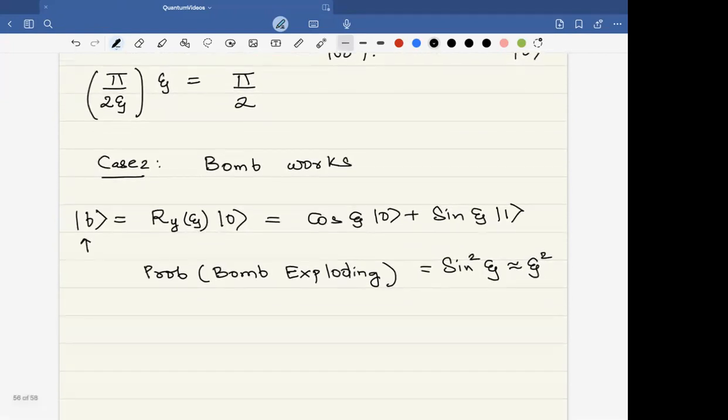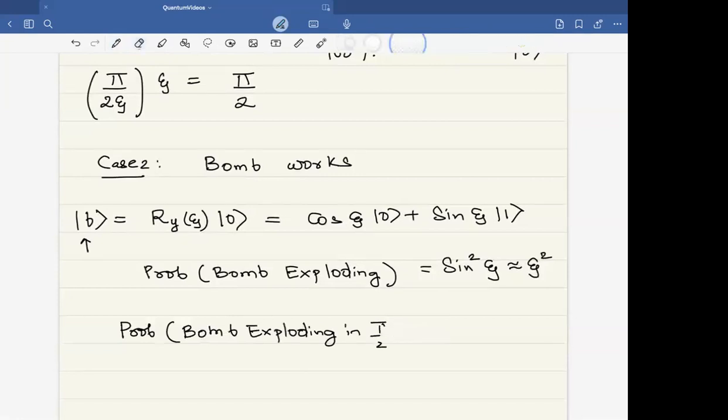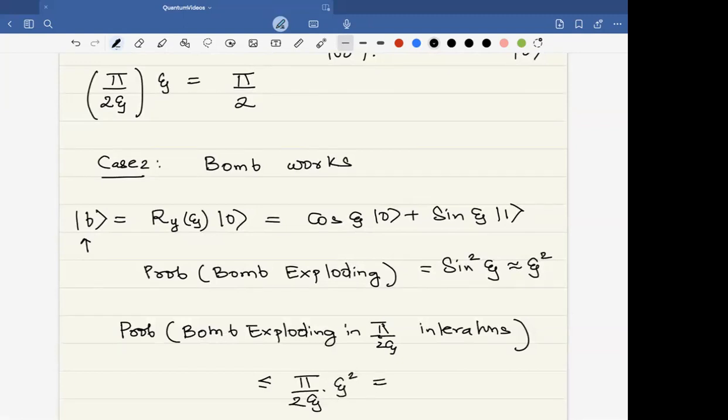In the next iteration, the probability of the bomb exploding is again epsilon square. So in, let's say, pi over 2 epsilon iterations, by the union bound the probability of the bomb exploding will be less than or equal to pi over 2 epsilon times epsilon square, which is equal to pi over 2 epsilon.